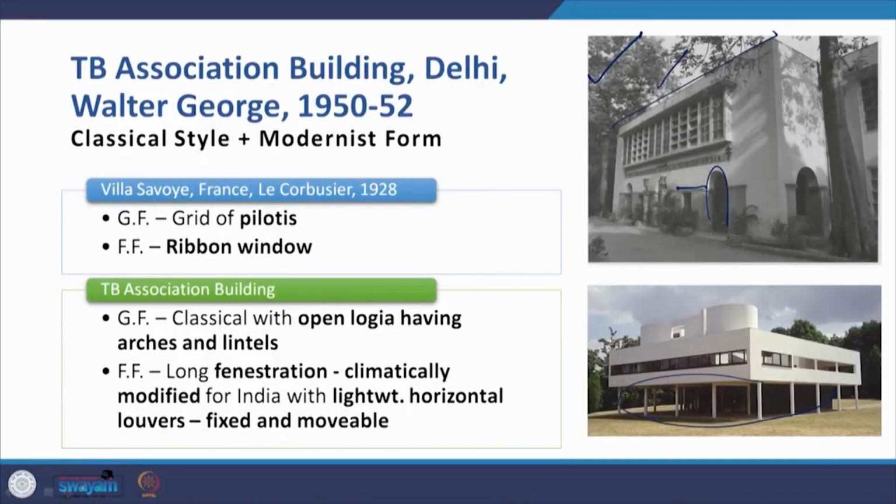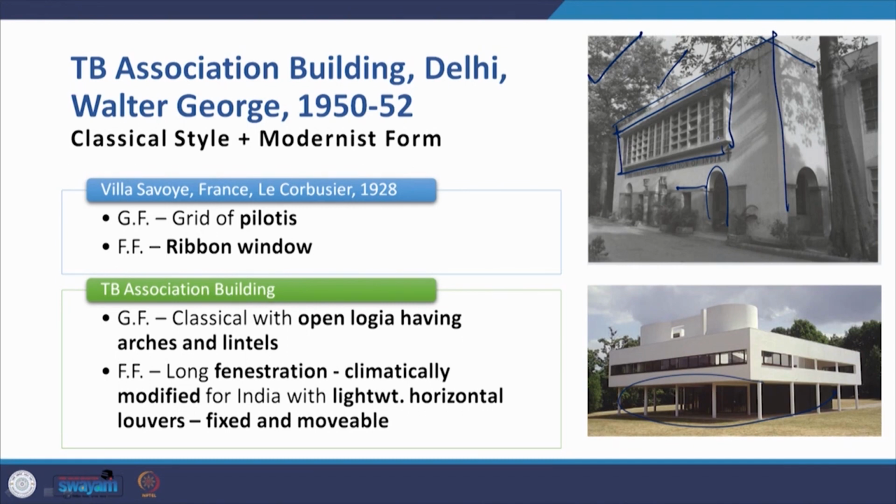And then you come to the TB Association building, again it's cuboidal geometry, definitely, and this vast extent of fenestration clearly shows that this is also supported by an RCC frame, just as Villa Savoye, because you cannot have such an extent of fenestration unless it is a curtain wall on the outside, rather a non-load bearing wall.